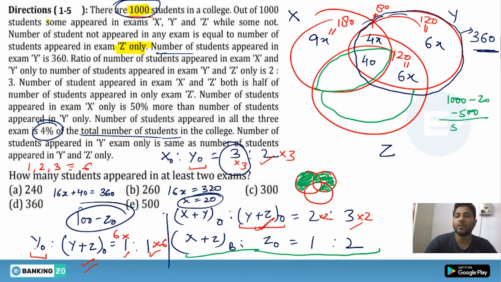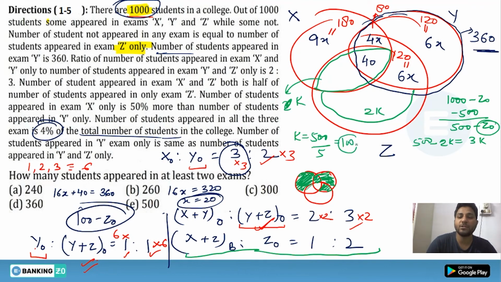That means you will be left with 500 minus Z naught, and 500 minus Z naught should equal XZ both plus Z naught. The XZ both part is k, while Z naught is 2k, so it would be 3k, while Z naught is also given as 2k. So you will find the value of k, which would be 500 by 5, which equals 100.